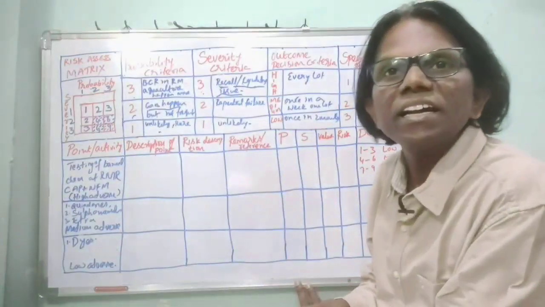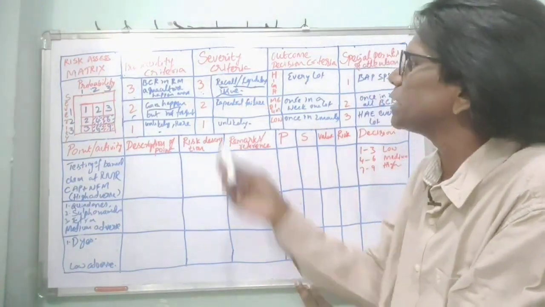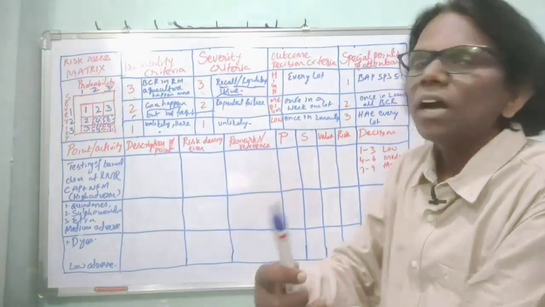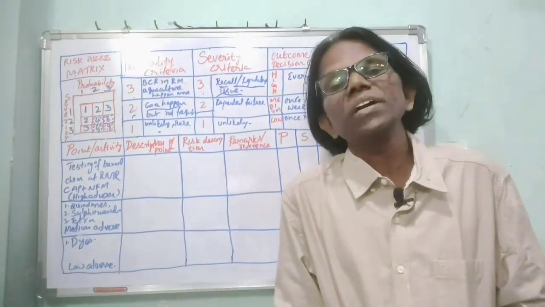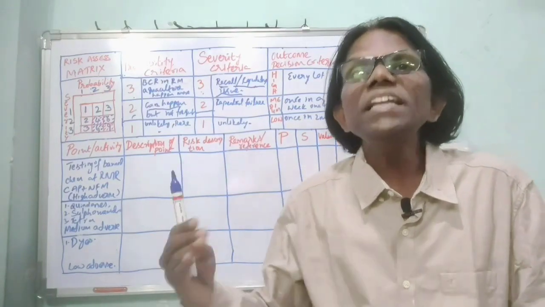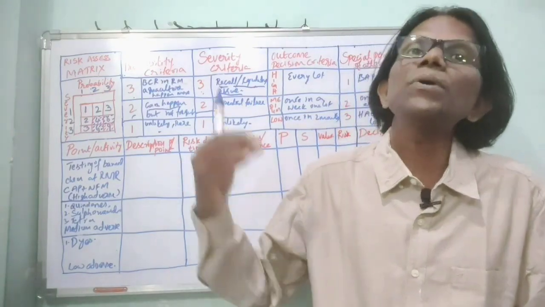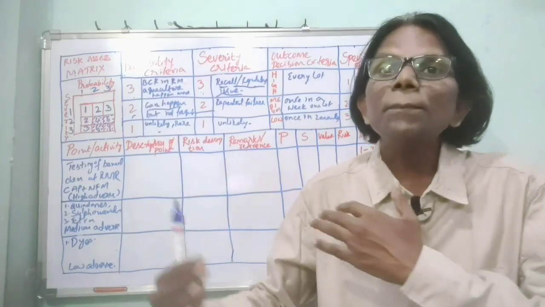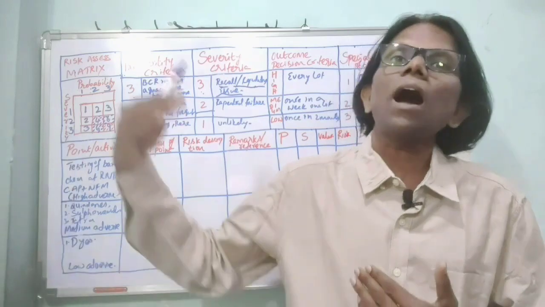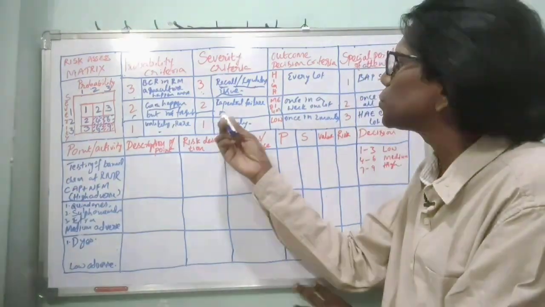That is score 3. And score 2 is repeated failures, or the banned chemical residues in aquaculture shrimps are unlikely to pose an immediate or grave health impact, but repeated failure may lead to health impact in the long term. So that is score 2.